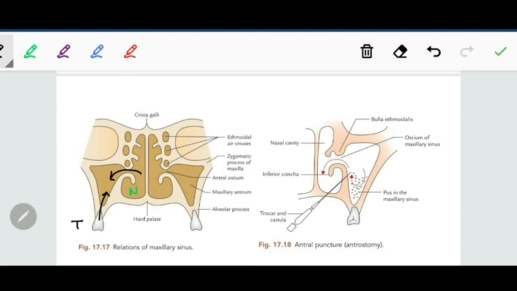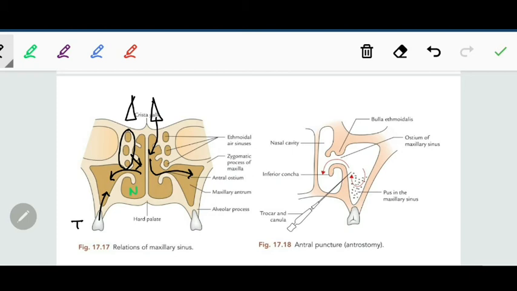And also from other infected sinuses that are located in relation to the maxillary sinus, like from infected ethmoidal air sinus or infected frontal sinus. The infection may travel via the nasal cavity into the maxillary sinus.